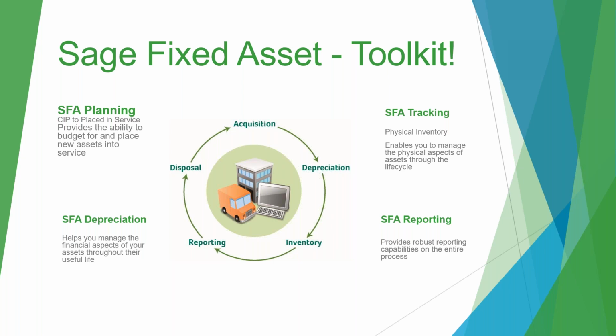The planning module, of course, will handle your construction in progress or CIP, any type of projects you have going, and I will be covering both of those modules today.